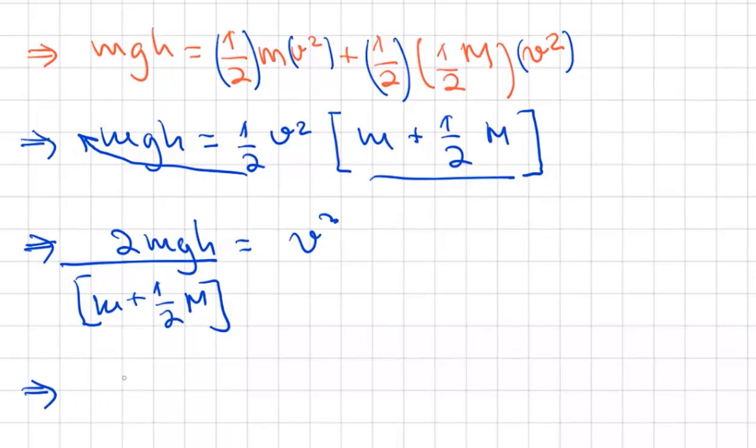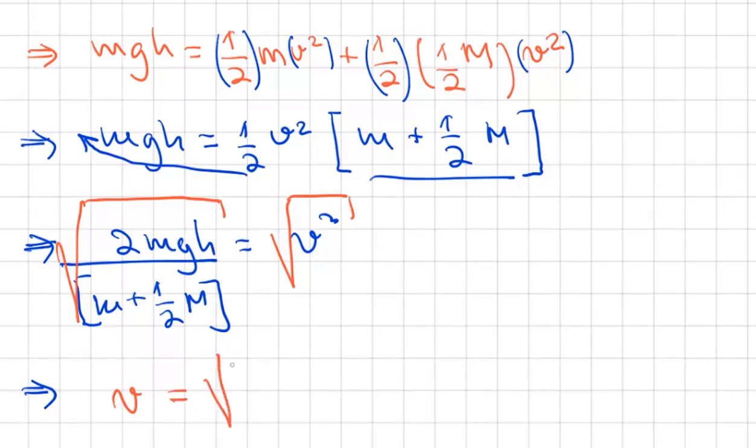Okay, and finally I will have, taking square root on both sides of the equation, taking square root here and taking square root here. Finally I will have that v is equal to the square root of 2mgh dividing m plus m half.